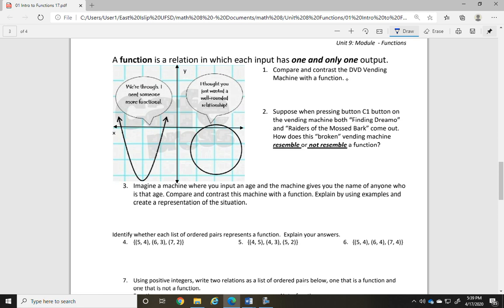So if we compare and contrast the DVD vending machine with a function, did every input have one output? The answer was yes. So the correctly working vending machine represents a function.